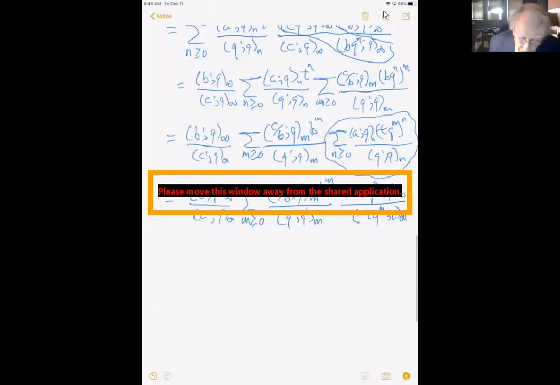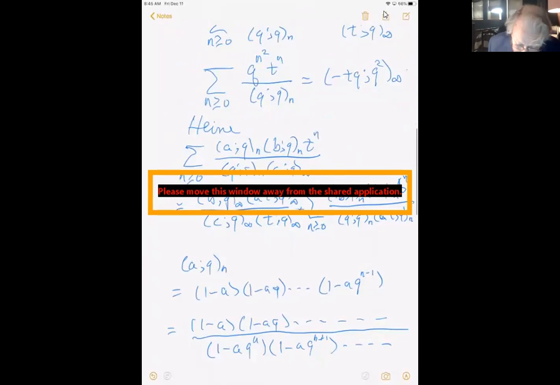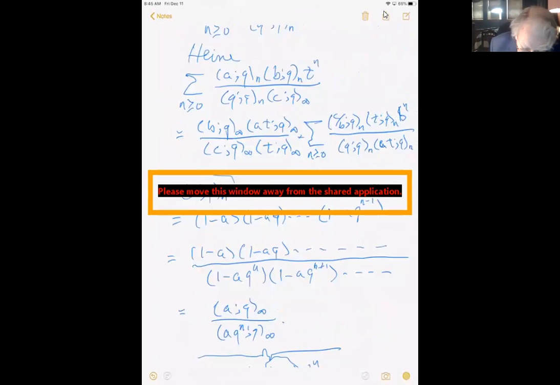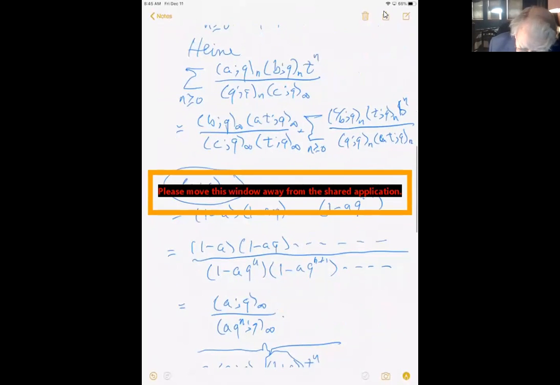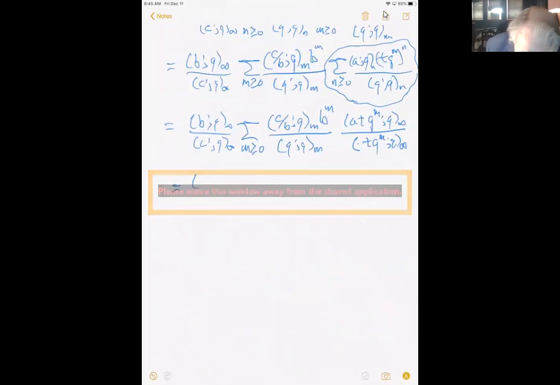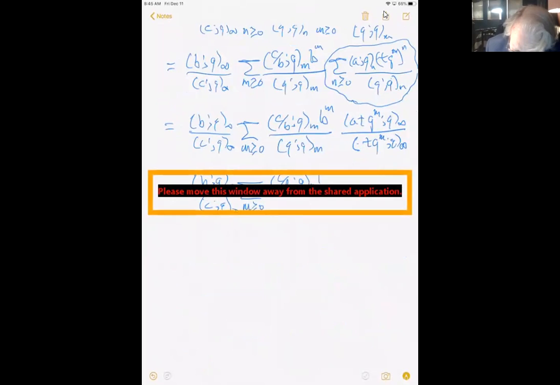And now I utilize this identity that I had relating finite products to infinite products, and I can rewrite this with the finite products back in. Summation over m greater than or equal to 0, c over b q sub m, b to the m, q sub m.